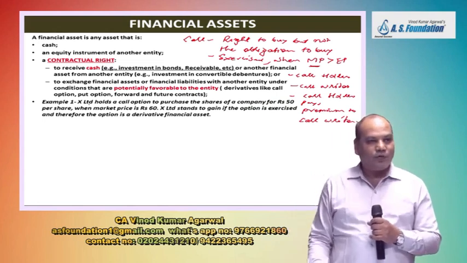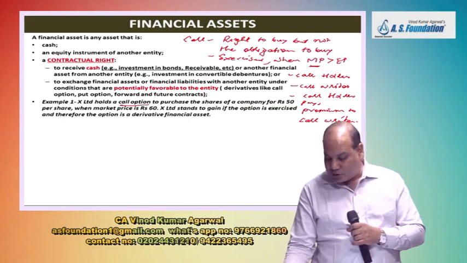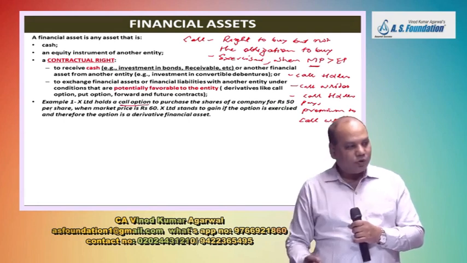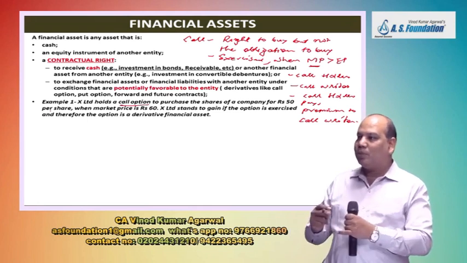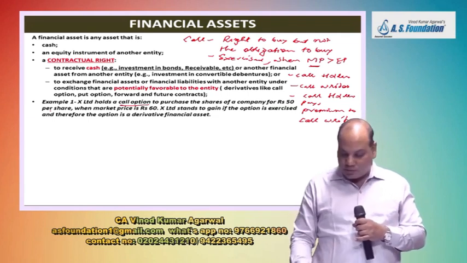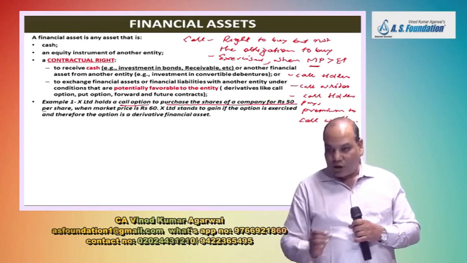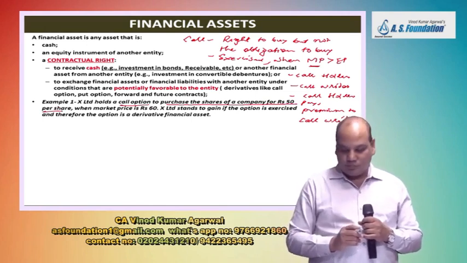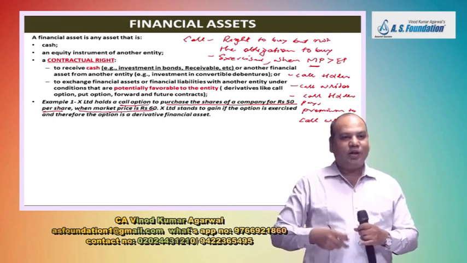After this understanding of call option, X Limited holds a call option to purchase the share of a company for ₹50 per share. This is oversimplified example. When we'll solve the problem, it will get more and more complicated. Right now, just for the beginners, you have a right to buy the share at ₹50 per share, and on the reporting date, the market price is 60.